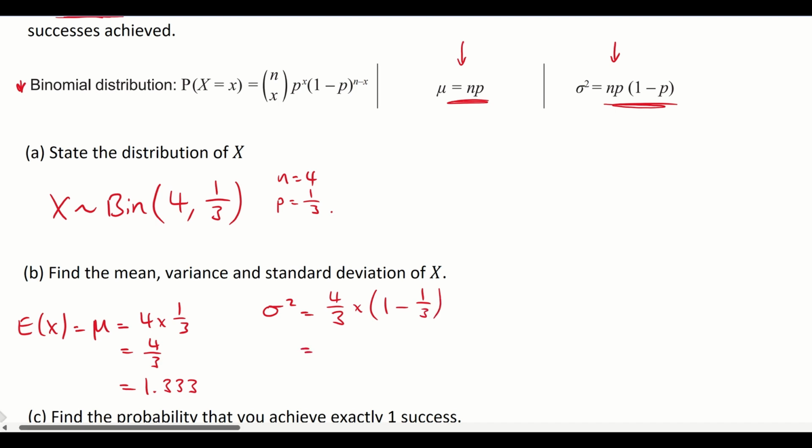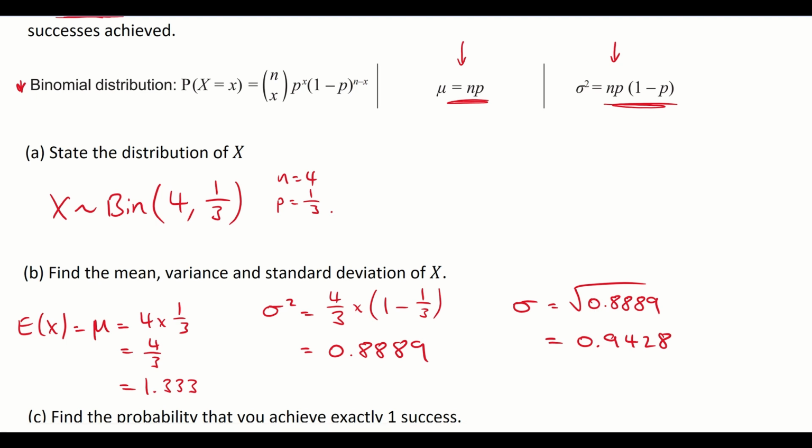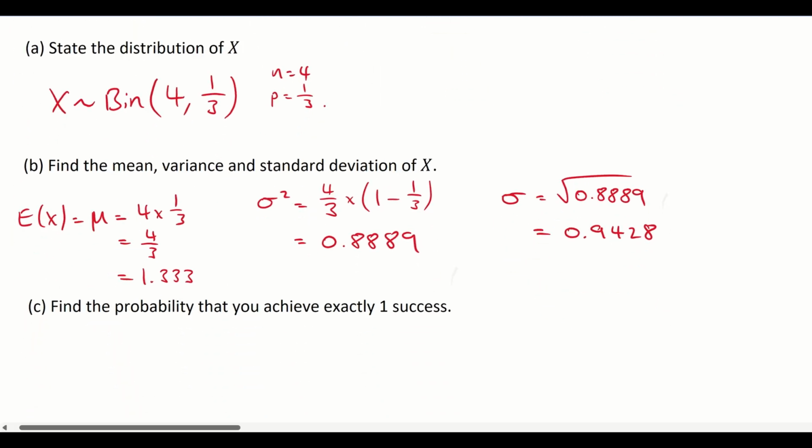And if you pop that into a calculator, you will get 0.8889. And then the standard deviation, or just sigma, that's equal to the square root of my variance, which is just 0.9428.